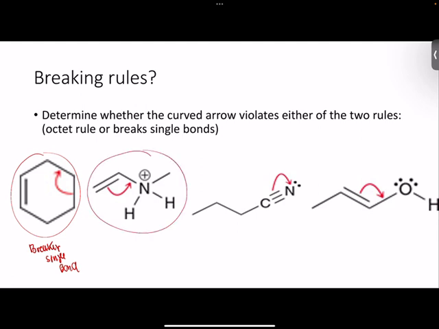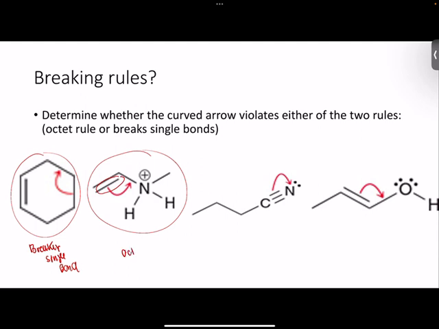Let's see. So nitrogen has a positive charge. It already has 1, 2, 3, 4 bonds. So if we follow this arrow that it's breaking this double bond and then it wants to make another bond on that nitrogen, it's gonna give a nitrogen a 5th bond, which wouldn't be good because we'll be breaking the octet rule.